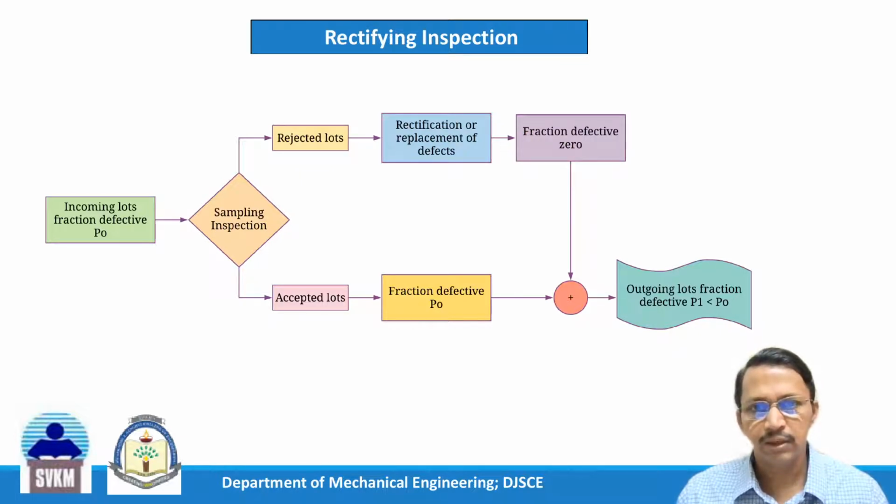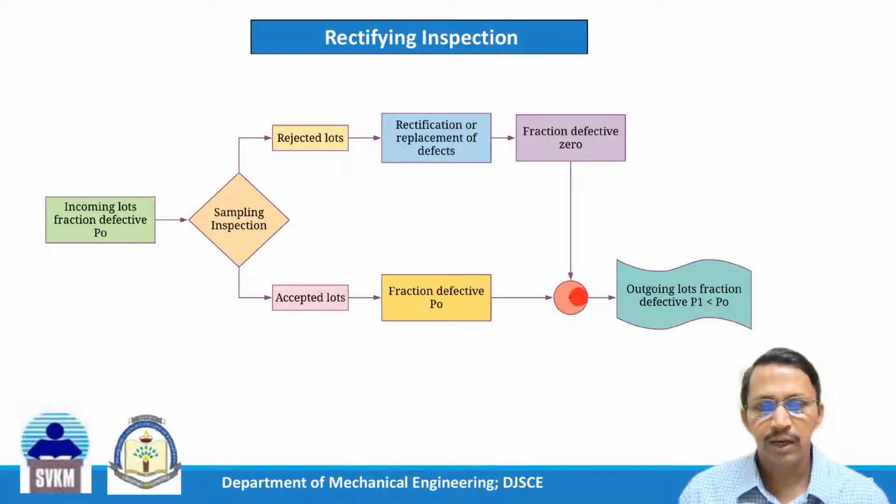When they go to the consumer, because of the replacement and rectification, they will not have any defects now, because defects have been replaced by good products, or rectification has been done, so that now they are agreeable. So they have zero defective. The reworked, repaired or replaced lots come with zero defective, and accepted lots have a fraction defective of P0.